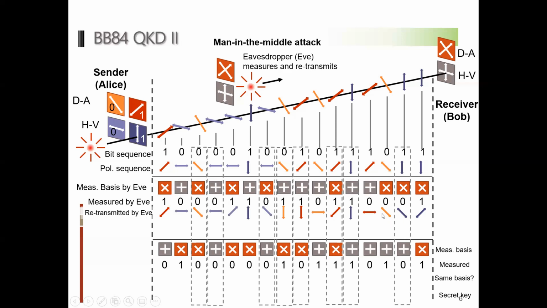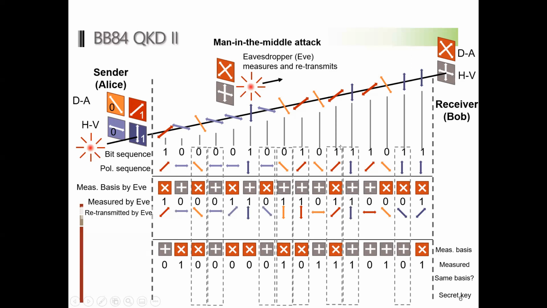Once the measurement is done, again Alice and Bob will share their basis information, so the basis choice for Alice and the basis choice for Bob is shared.